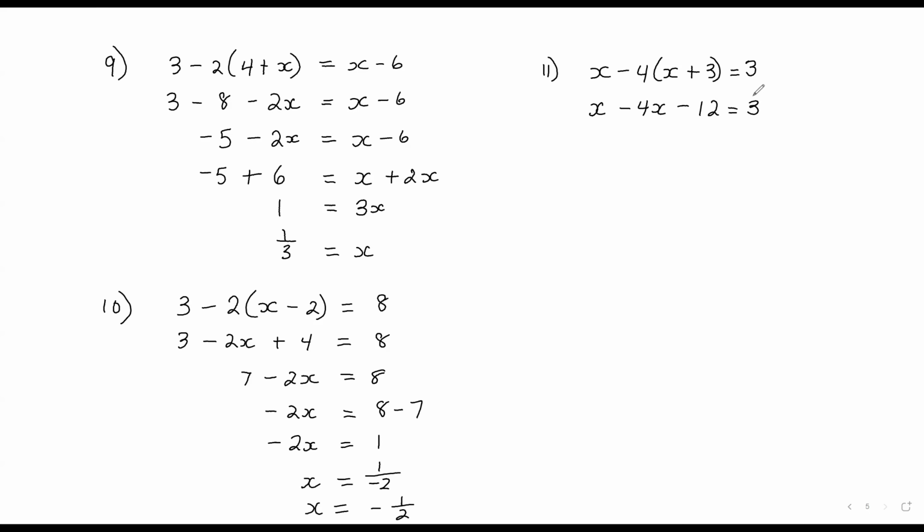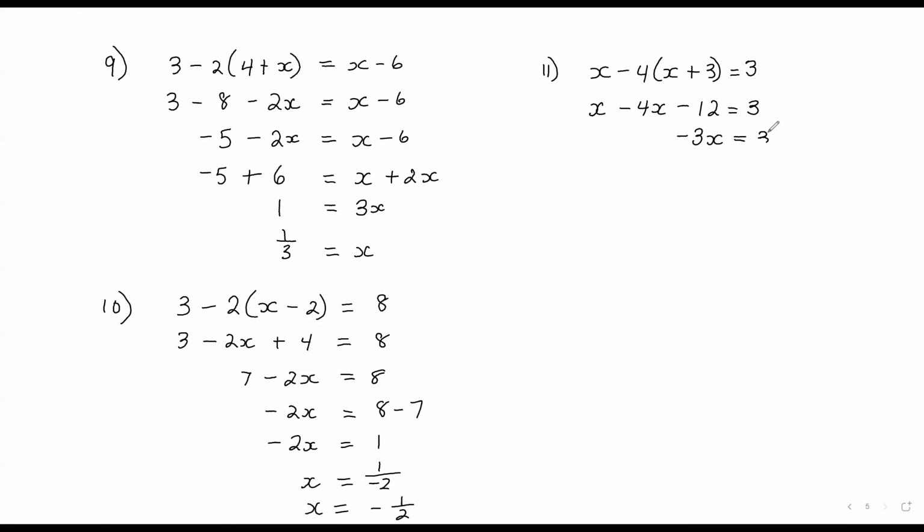And now we just work with everything that we have. So I would add the 12 to the 3. And what about this side? What would x minus 4x become? Negative 3x. Correct. 1x take away 4x will be negative 3x.